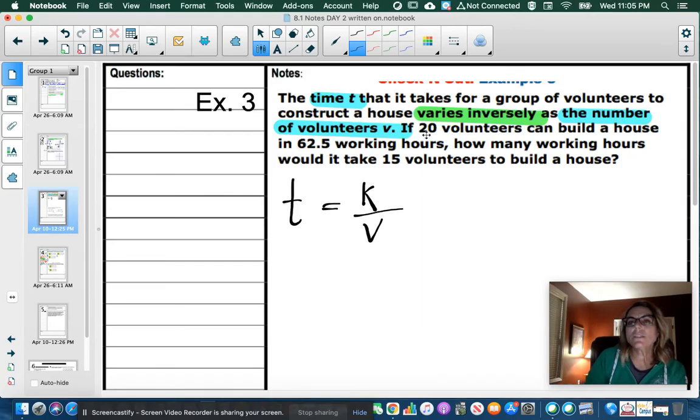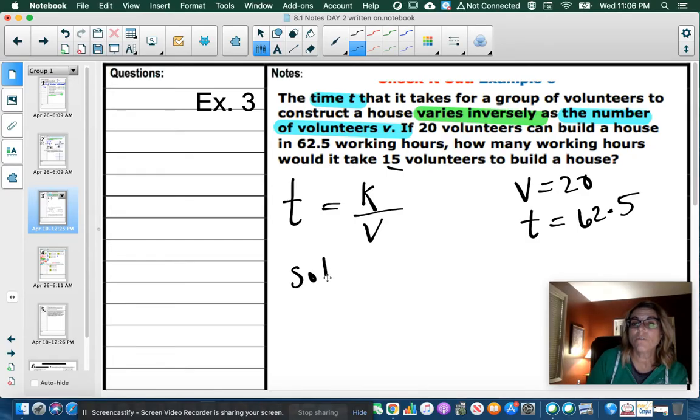They're telling us there are 20 volunteers, so I know v is 20, that can build a house, and I know the time it's going to take to build the house is 62.5 hours. How many working hours would it take if we used 15 volunteers? The first thing we need to do is solve for k.